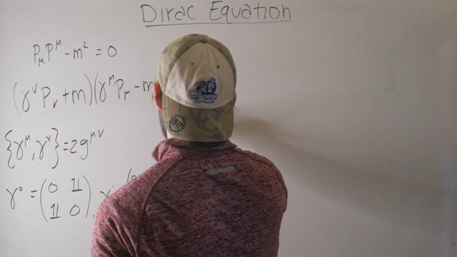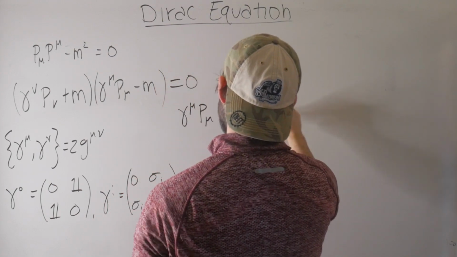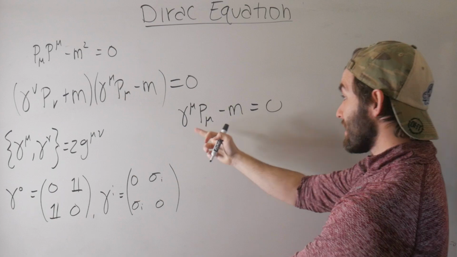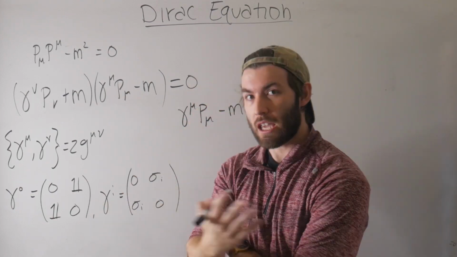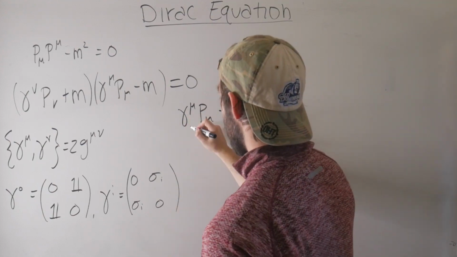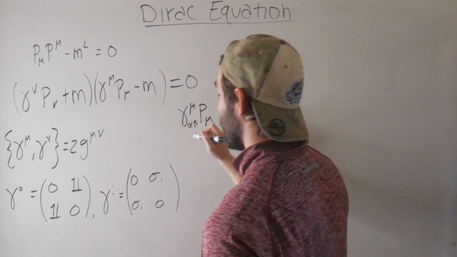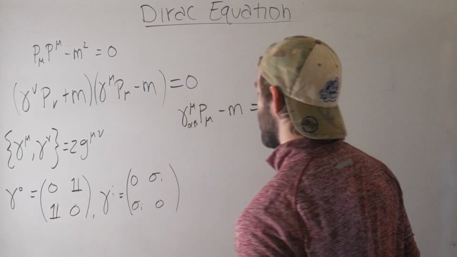So if we say gamma mu p mu minus m is equal to 0, yes, this is a 4-vector, but its components are the gamma matrices. Right, so this is technically a Lorentz scalar, but in reality it also has two extra what we call Dirac indices to specify the components of the matrix itself.